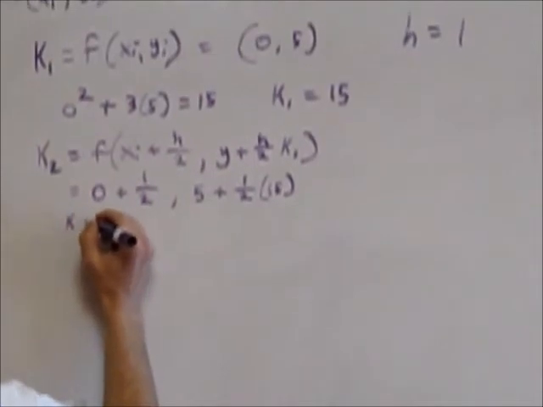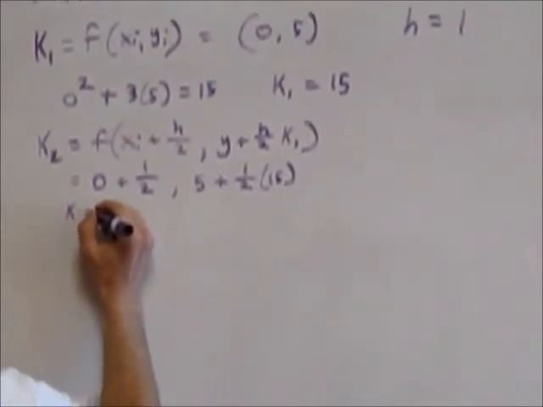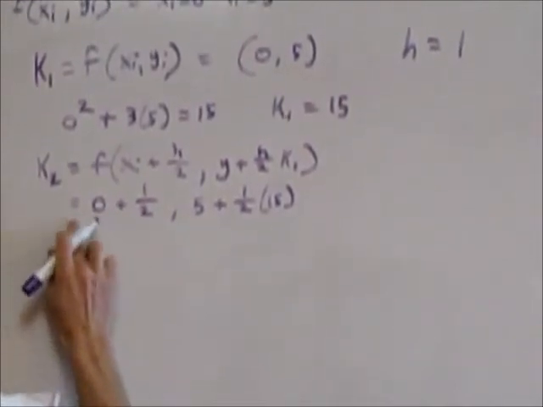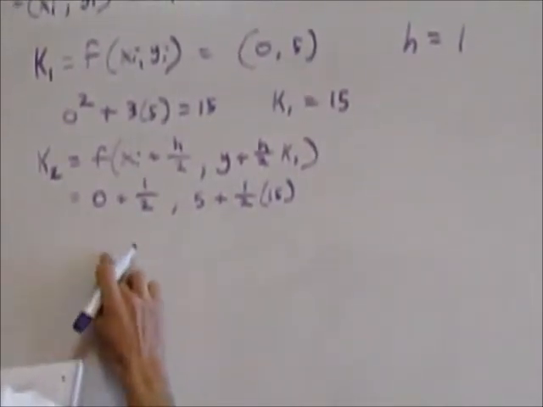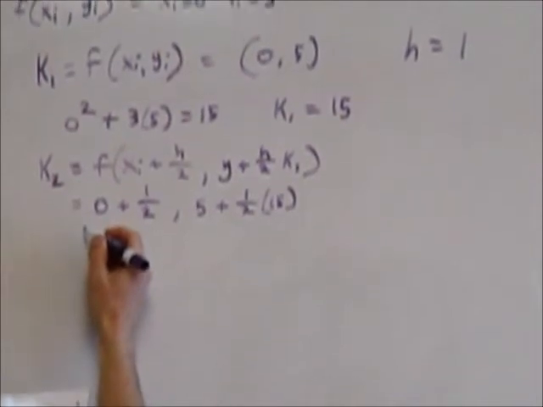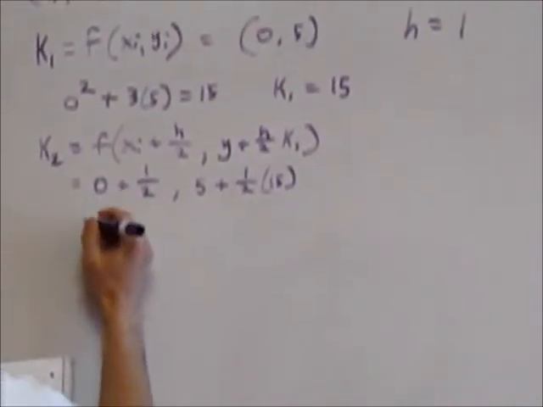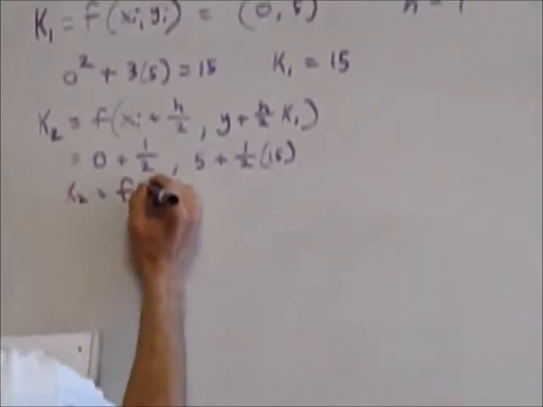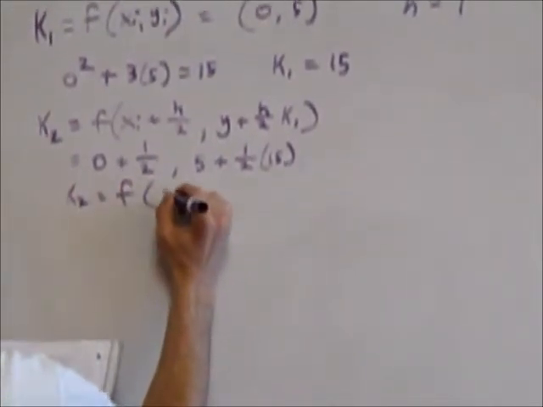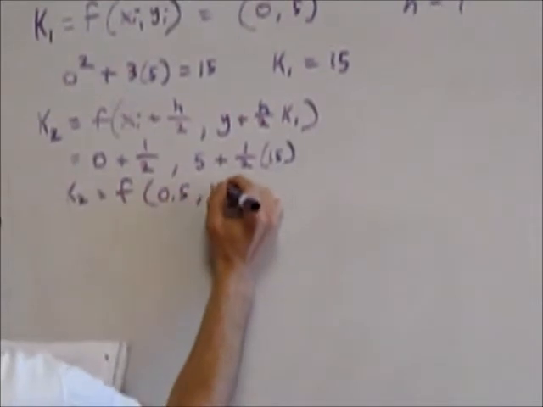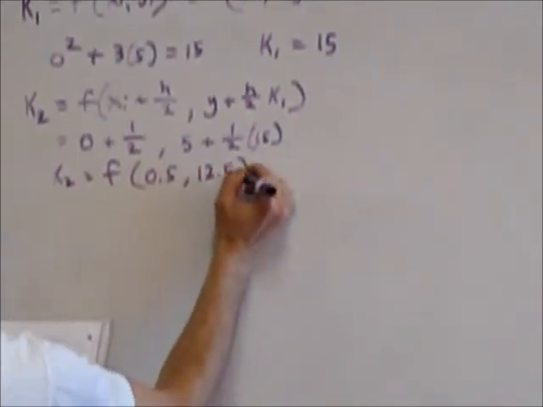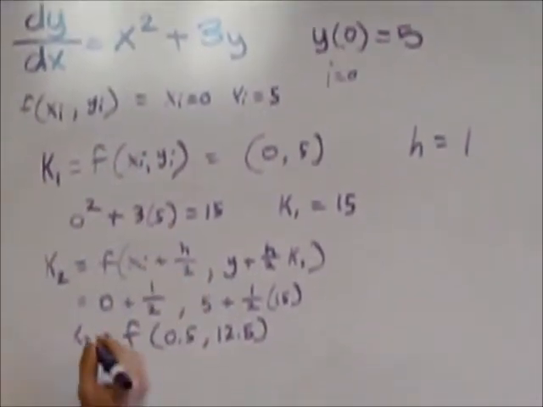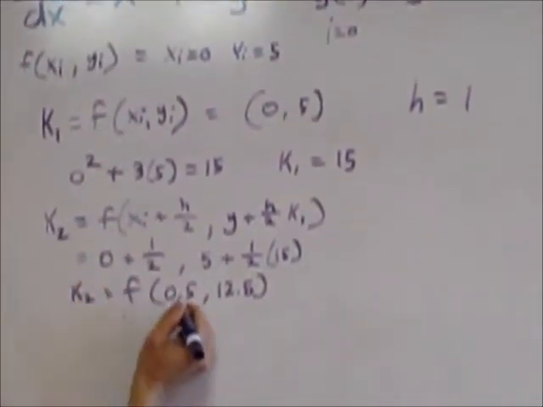So k2 becomes f of 0.5 and 12.5. So we plug that back into our original equation again to find our value of k2, because we have the point of k2.